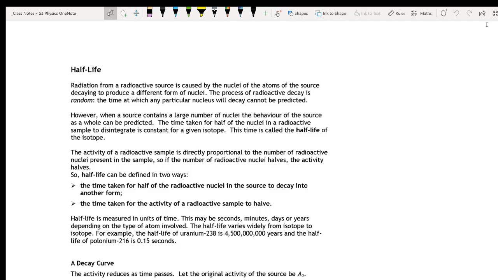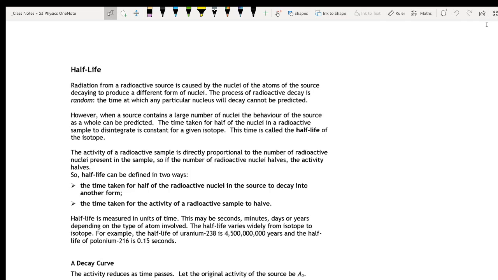Okay, so we know that activity is the number of nuclei that disintegrate, or the number of radioactive particles given off per second. Each different radioactive material has a different half-life, and they're individual to each one. Say uranium has a different half-life to lead, which has a different half-life to other things.